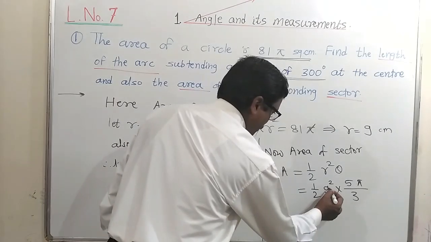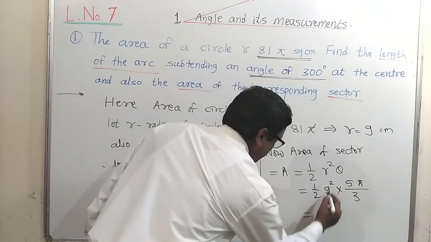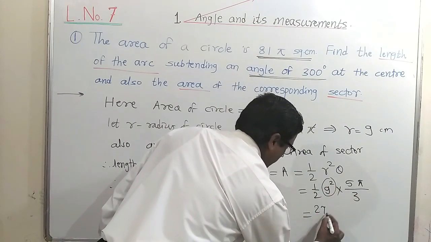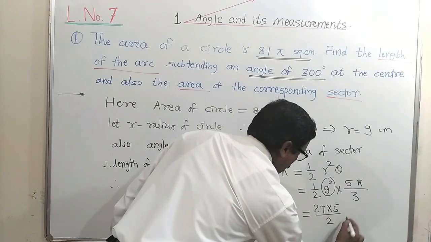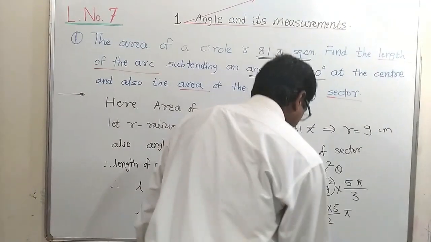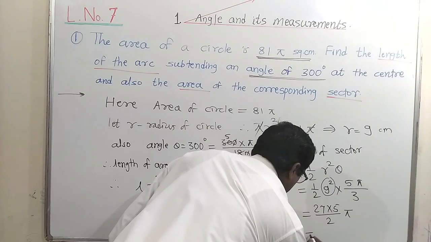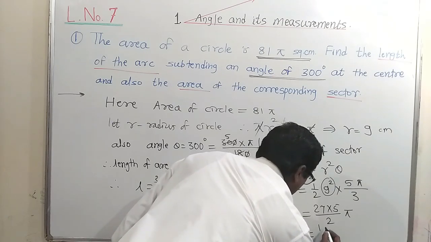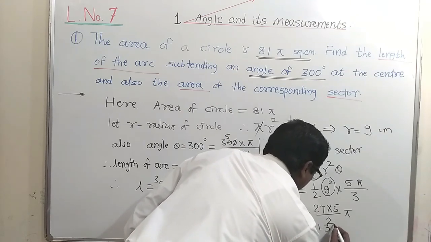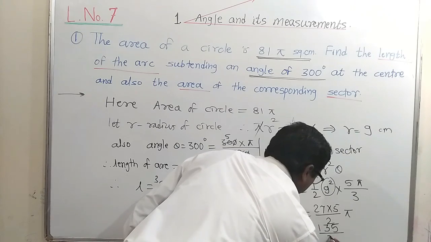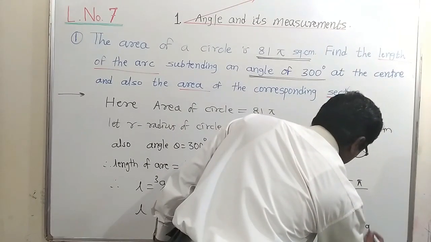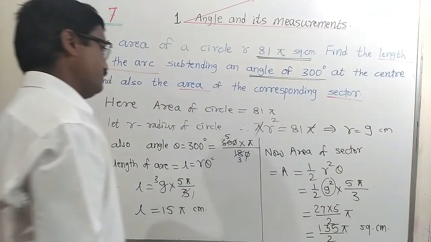So cancel 3 from 9 square, that is 81. 81 upon 3 is 27, into 5 upon 2 pi. So 27 into 5 is equal to 135 upon 2 pi. This is in square centimeter.